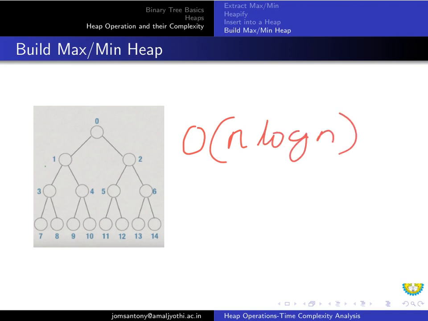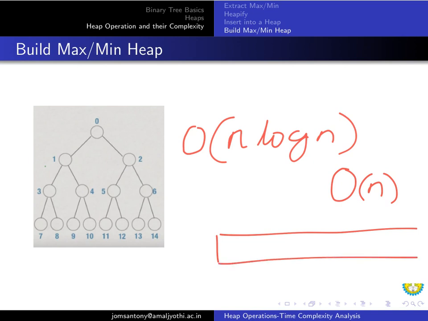But if a more careful analysis is done, we can see that we can reduce the complexity to order of n. Let me try to explain how this is done. If you are given an array which is not ordered, and what you want to do is to create a heap out of this array. Suppose it has got some values, say x1, x2, x3 and so on, so I will fill all these values arbitrarily into these positions.